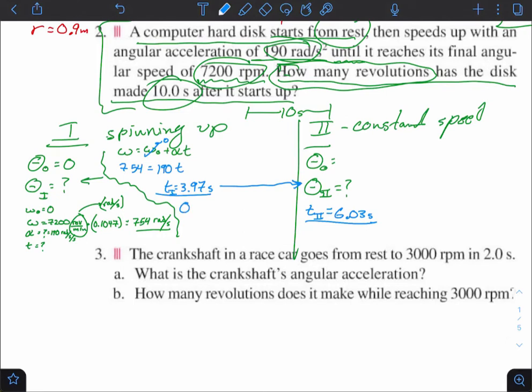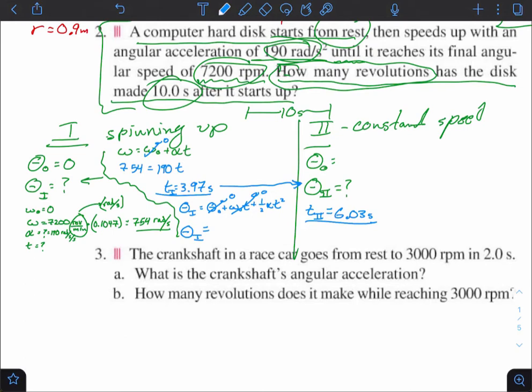So let's figure out how many radians it did during phase 1 using the second equation. The initial velocity is 0, the initial position is 0, and we're left with 1/2 alpha t squared. And if you just do a little bit of basic algebra and plug things in and solve, you can get 190 times 3.97 squared.